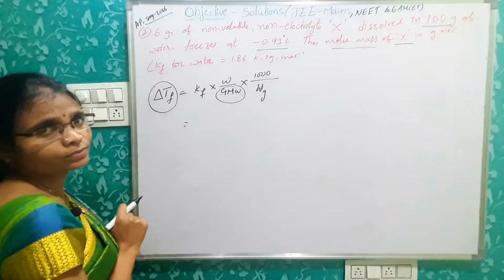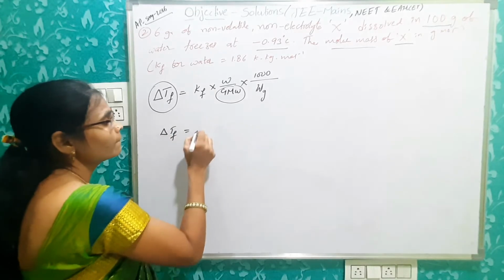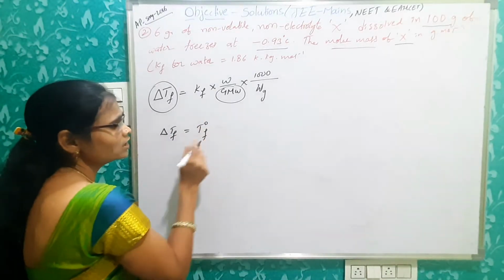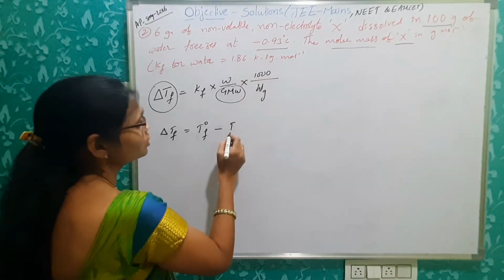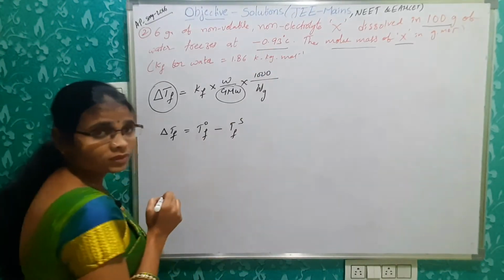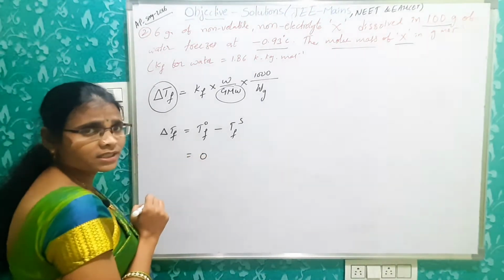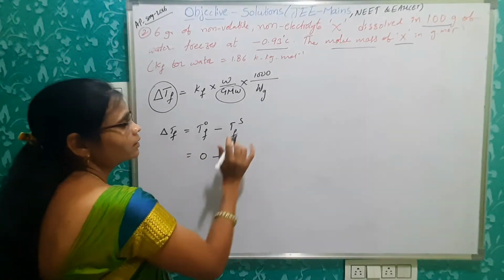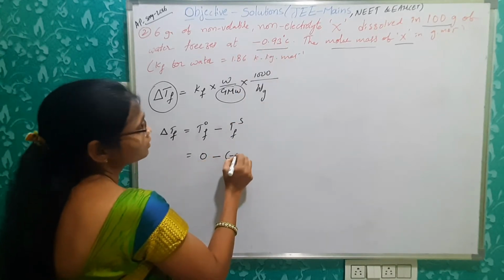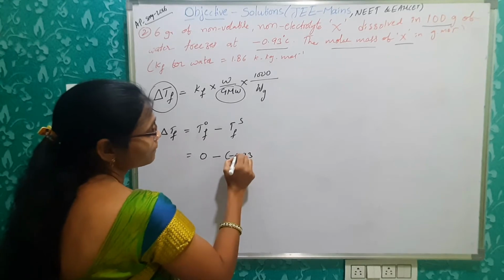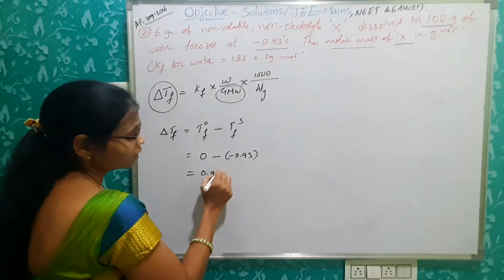But we don't have delta TF also. For that, delta TF is equal to T naught F, the freezing point of water, minus the freezing point of solution. So the freezing point of water is always 0 degrees Celsius, minus TFS, which is given as minus 0.93 degrees Celsius.